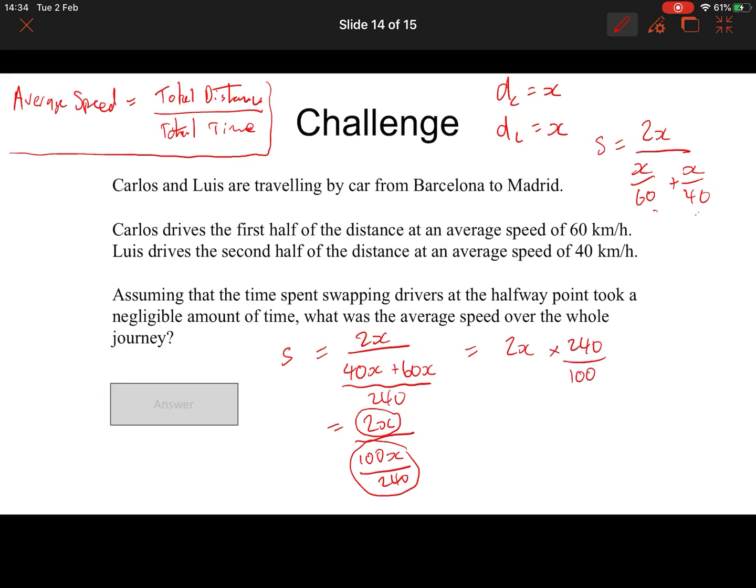So that's 2x divided by 100x over 240, which means times 240 over 100x. We flip and multiply. Notice now that the x's will cancel, and I'm going to get 480 divided by 100, so the answer is 48 kilometres per hour.